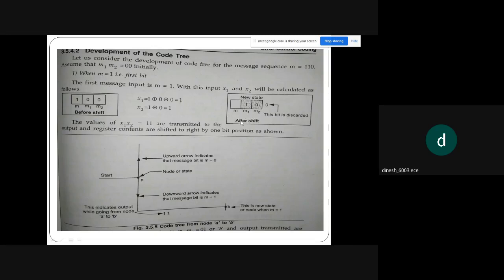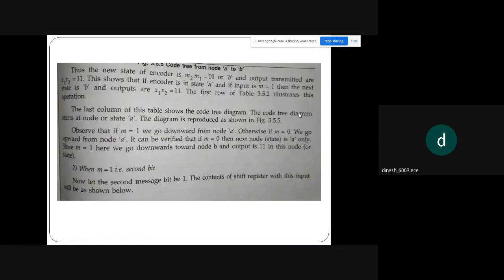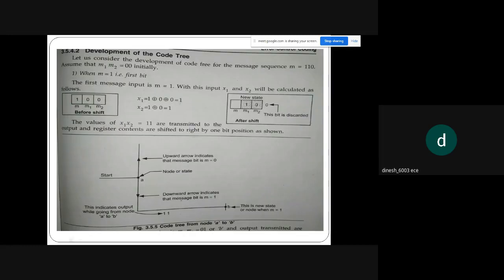Keep in mind this is not cyclic. So when I do the right shift, this 1 will come to m1, this 0 will come to m2, and the 0 in m2 will go out. This 0 bit which is coming out will be discarded. Keep that in mind.